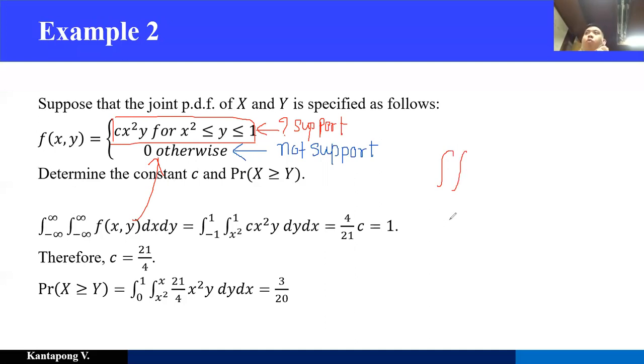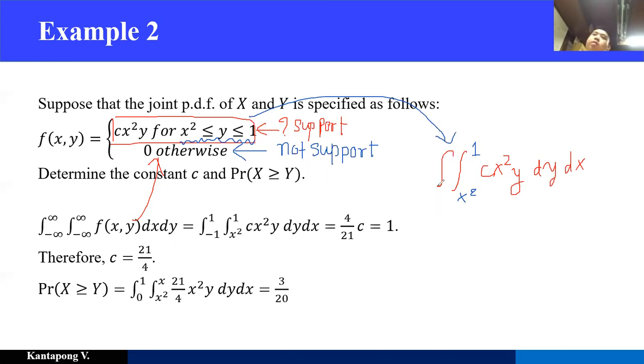It's a double integral because we have to find, let's say, the volume, of C x squared y dy dx. But the important thing is what should be the upper and lower limits. We know that y has support from x squared to 1, so y is between x squared and 1.